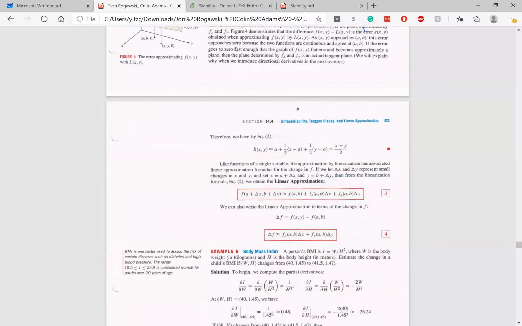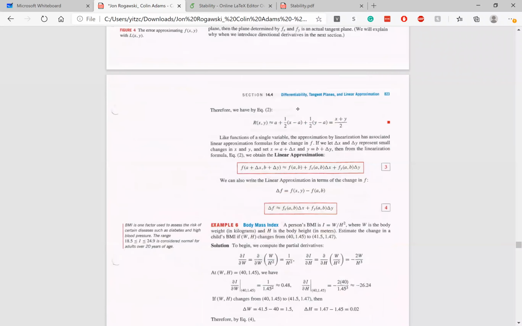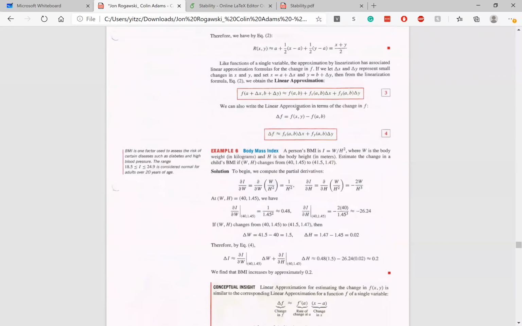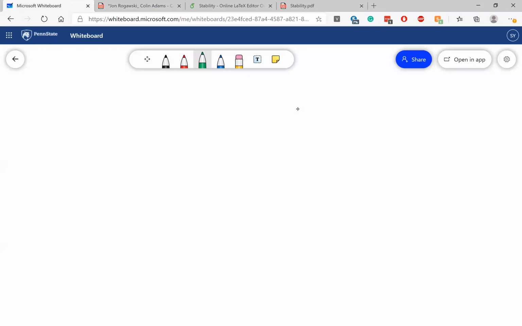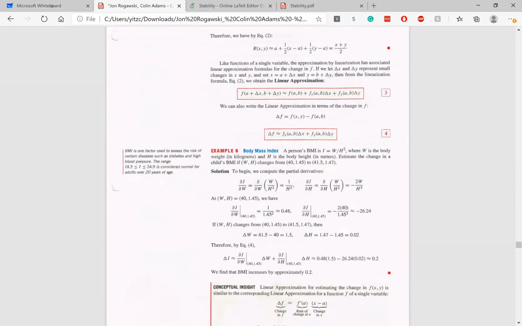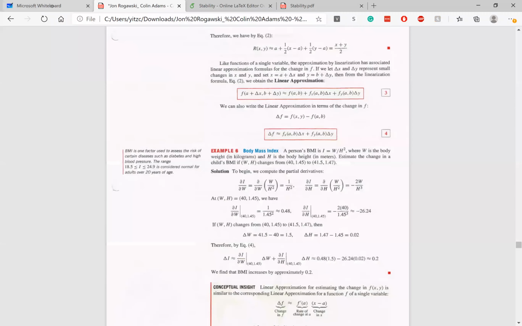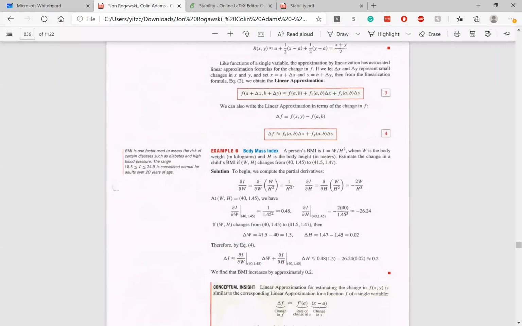So let's try to do an example, body mass index. They're telling us that a person's BMI, I, is equal to W divided by H squared, where W is the body weight and H is the body height.